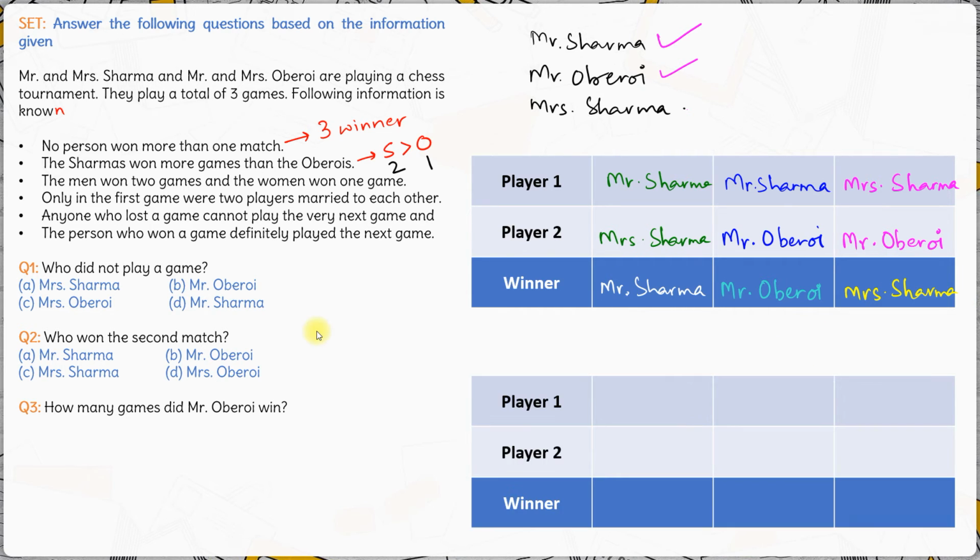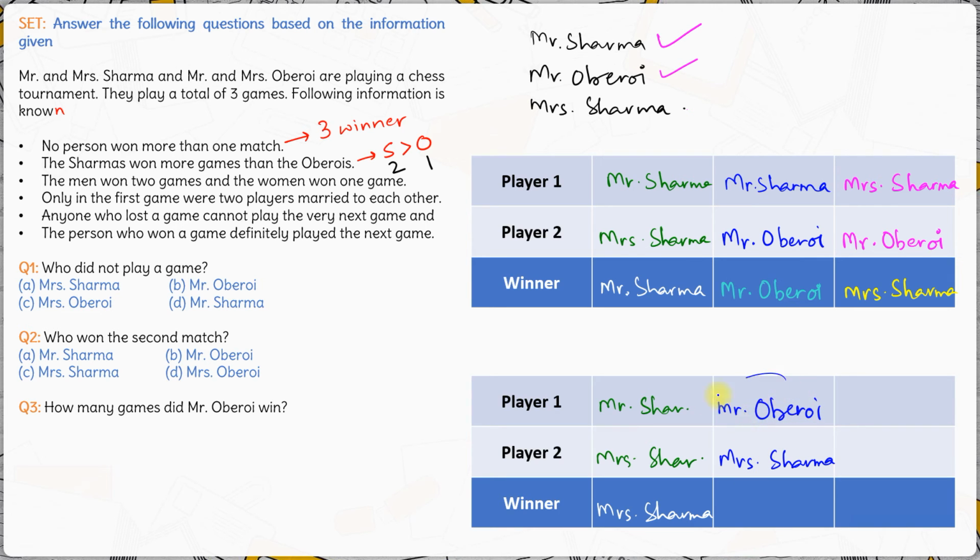Now, what if Mrs. Sharma won the first match played between Mr. and Mrs. Sharma? In that case, Mrs. Sharma will advance to the next round, and the second player in the next round will have to be Mr. Oberoi, because Mrs. Oberoi cannot win a match.